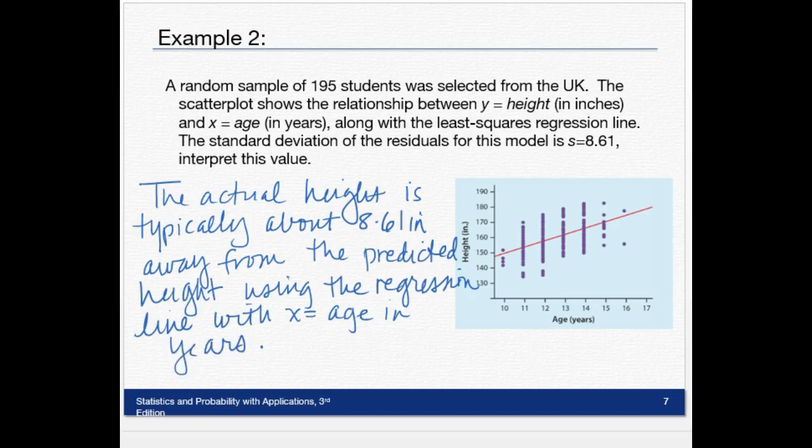All right, so this is what an example of the right response would look like. The actual height is typically about 8.61 inches away from the predicted height using the regression line with x equals age in years.